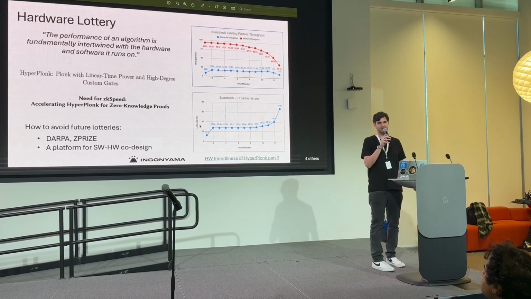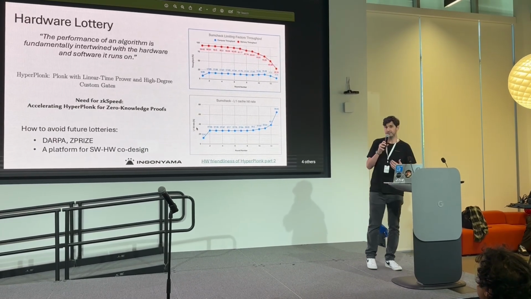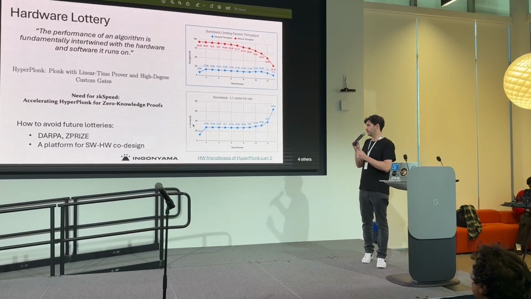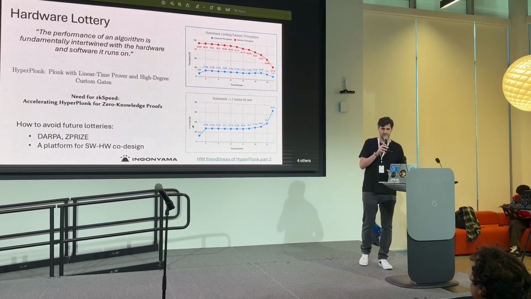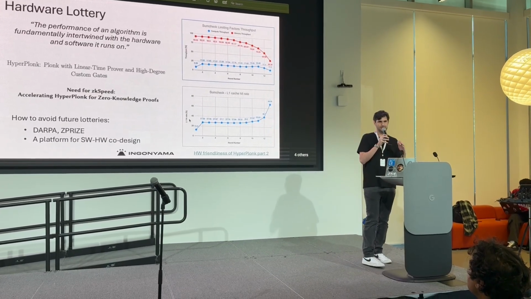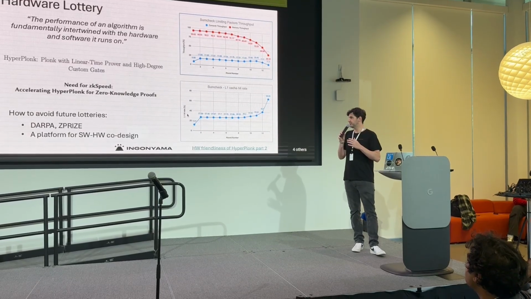Think about NVIDIA and AI today. If you cannot express your algorithm in CUDA, then you're not going to publish the paper, okay? So one example here is this paper from 2022, Hyperblock, which is again an amazing idea that was timely.